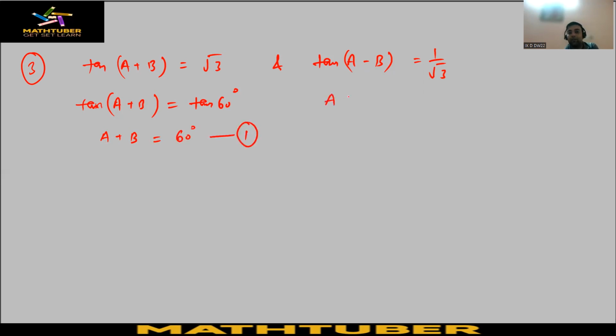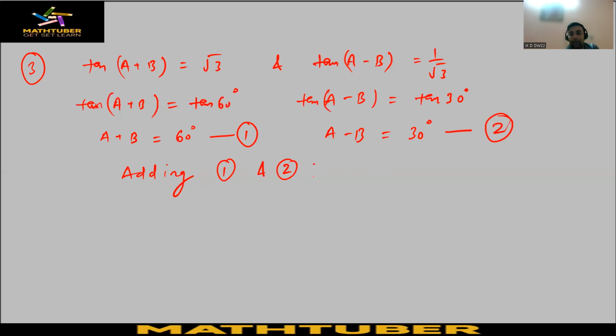And similarly, you have to replace the value of 1 by root 3 as tan 30 degree, right? So a minus b here becomes equal to 30 degree by comparing, and this is the second equation. Now you can actually solve these two equations by any method, by substitution or by elimination method, or by adding them both.